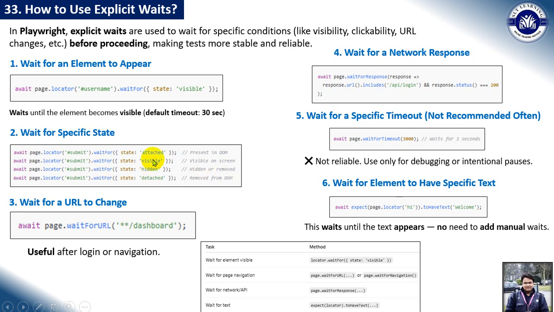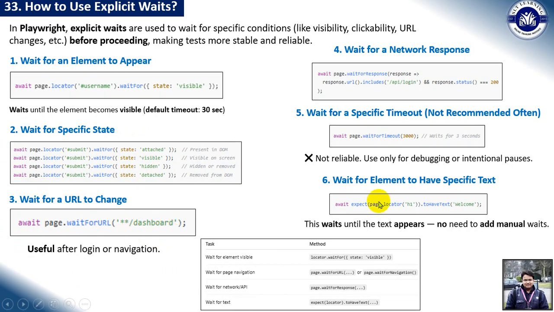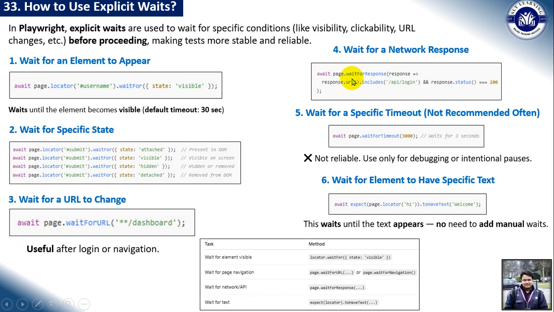So these are the different states you can validate when you are working with explicit wait. Okay, wait for the URL to change, means wait for the URL to change to /dashboard, you can utilize this one. Then wait for a network response: if you are hitting any API and want to take further action, you can wait for the response status to be equal to 200, and then perform the other operation.